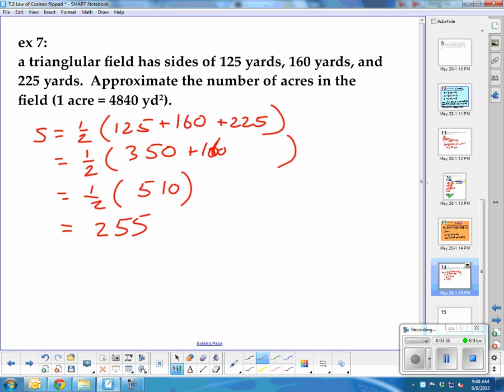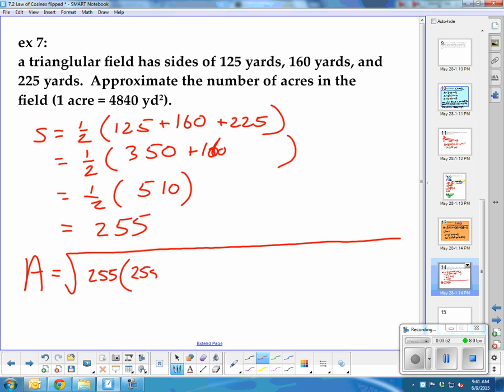So we're going to use 255 as the value for our S. And so then our area formula is going to be the square root of 255 times 255 minus 125, 255 minus 160, and 255 minus 225.